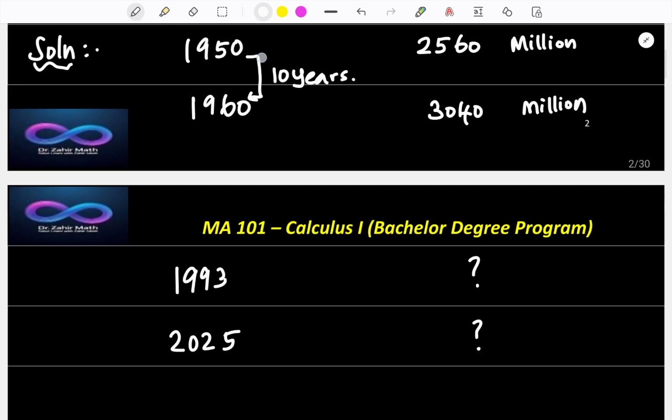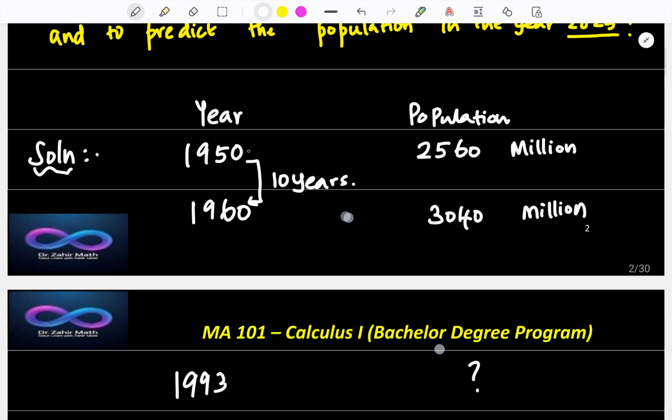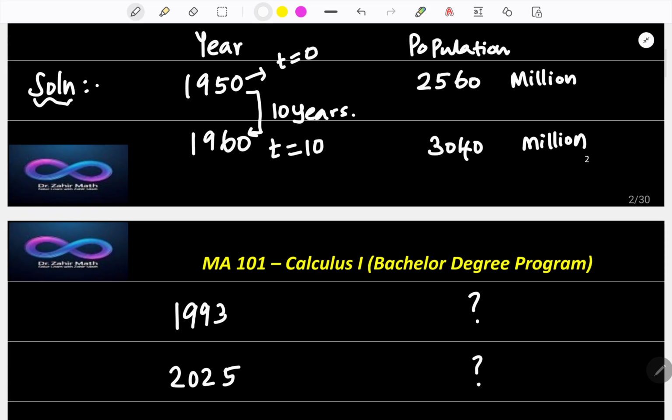Look here, from 1950 to 1960, we have to call this the initial population, the starting stage. Whenever data is taken, the first data is called the initial population. So t equals 0, your population is 2560. After 10 years, t equals 10. For 1993, from 1950 to 1993, how many years?